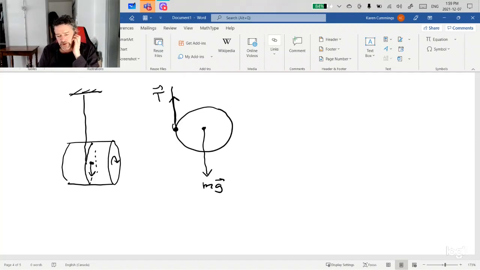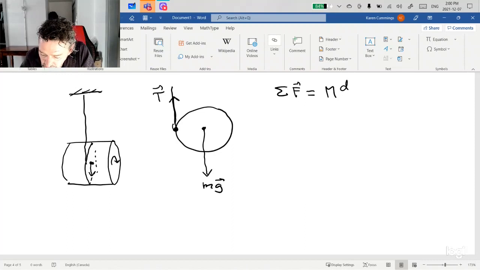The idea here is, if you go back to our discussion about linear momentum and all that kind of stuff, if you add up all the forces acting on some object, then that will equal the total mass of the object times the time rate of change of momentum.